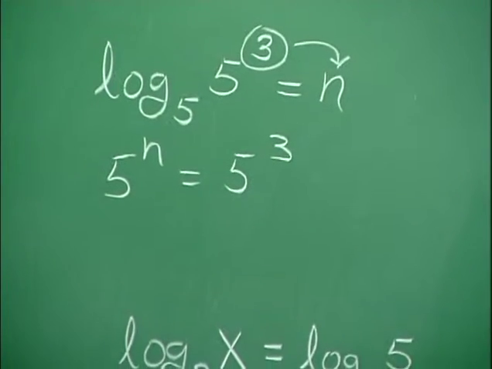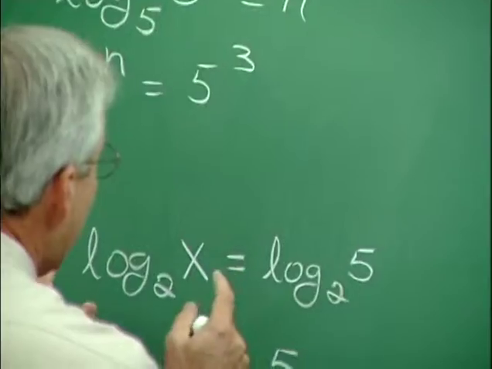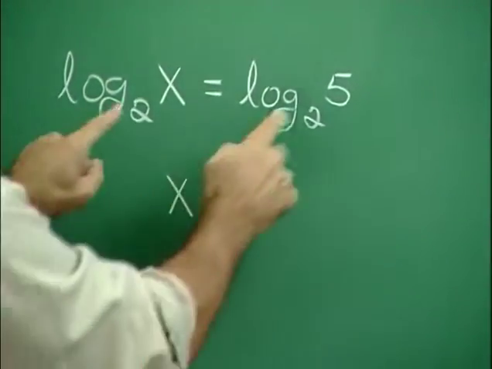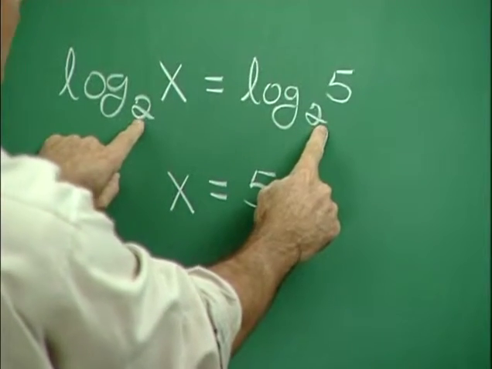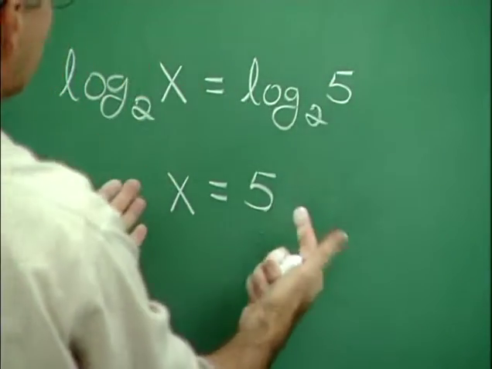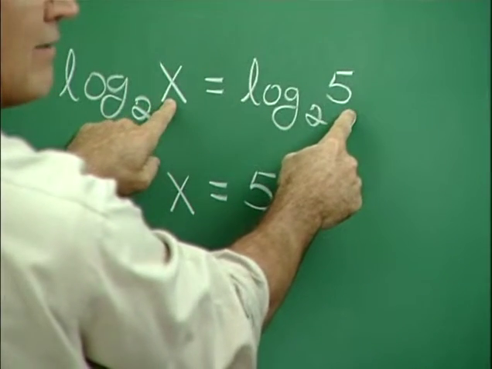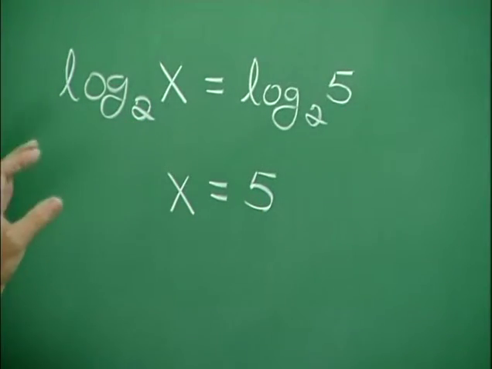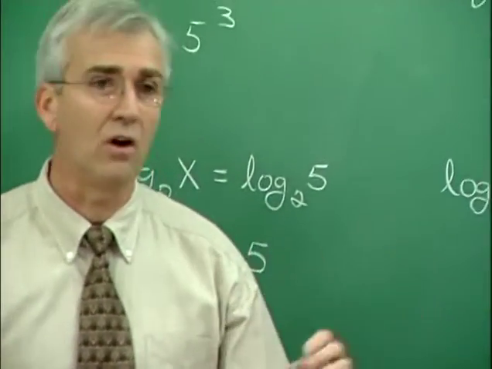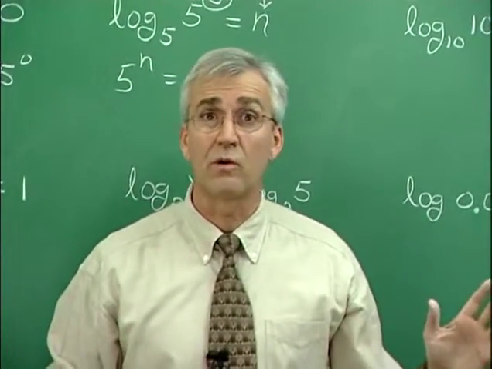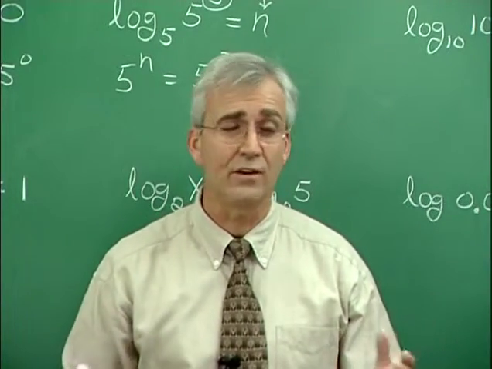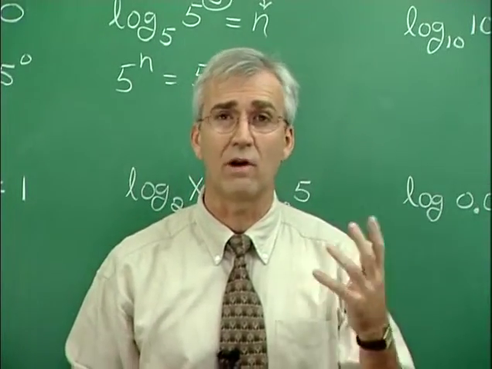Here's another situation that occurs from time to time. If we have a single logarithm on both sides of an equation and they have the same base, then we can actually set these numbers equal to one another. This must be the case, that x is equal to 5. If you think of logarithm as another operation along with the operations from arithmetic of adding, subtracting, multiplying, dividing, then we have exponentiation and we have absolute value and we have radicals.